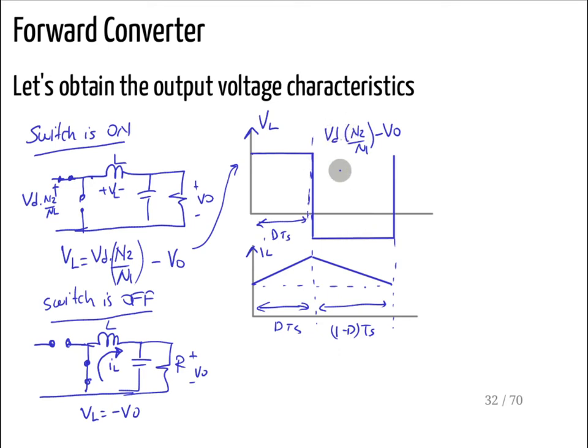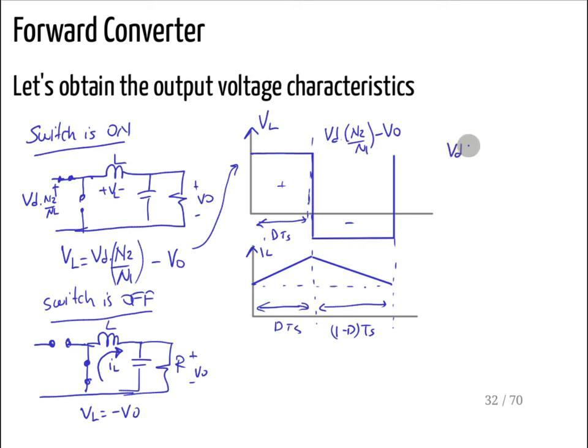The only difference is, in a normal buck converter we have Vin as the input voltage, minus VO. Now we have the added turns ratio. So let's derive that calculation. Of course, you can make those areas equal to each other.